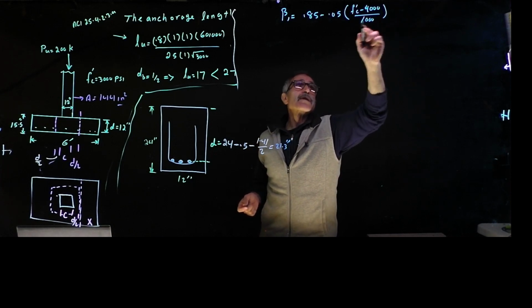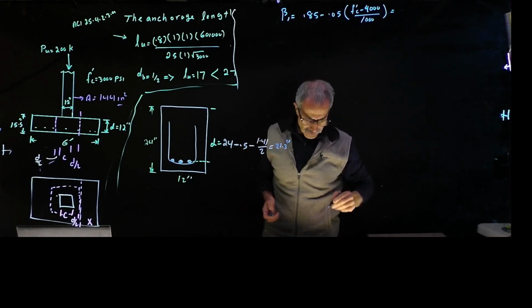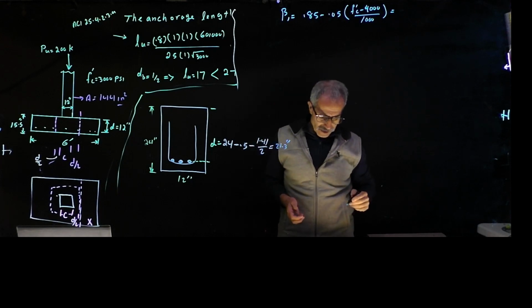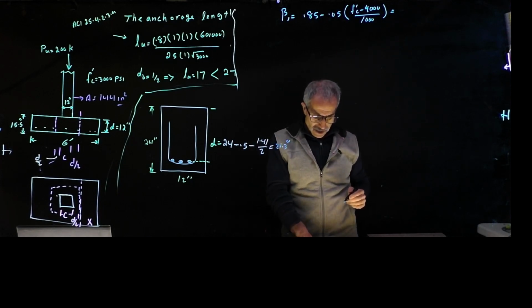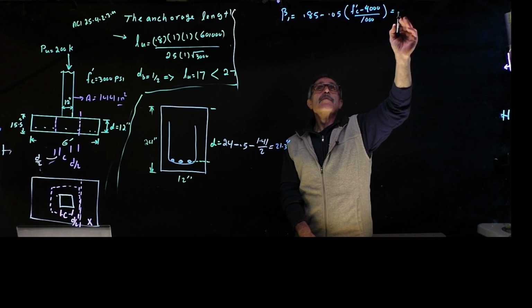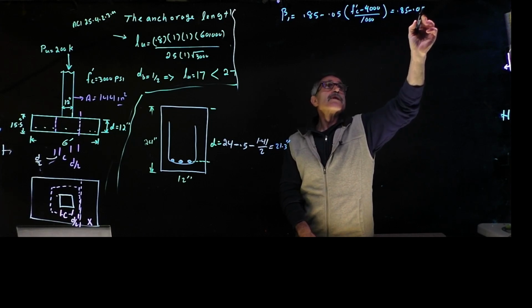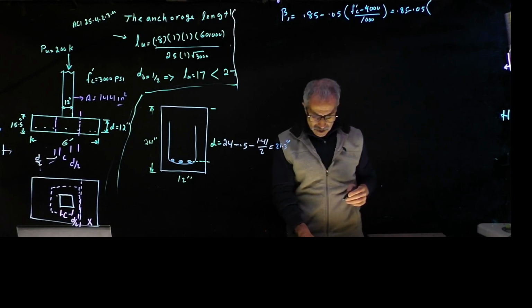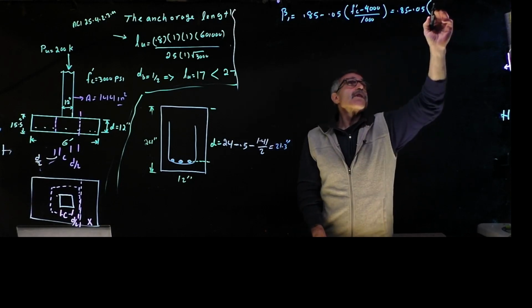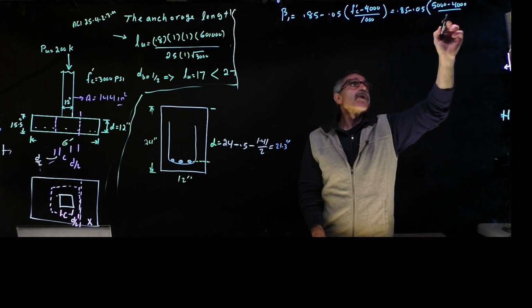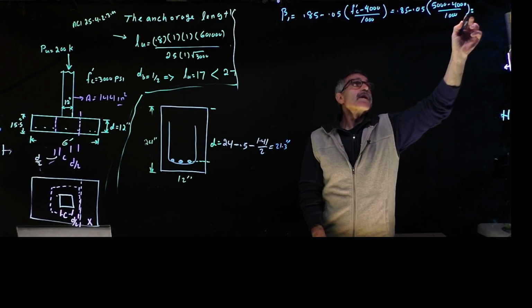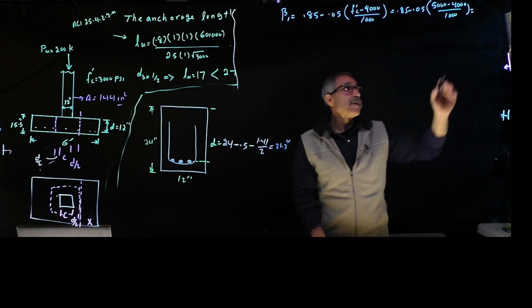So I get 0.85 minus 0.05 times (5,000 minus 4,000) divided by 1,000, and that comes out to be 0.8.